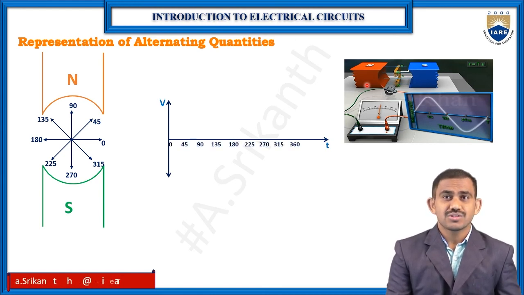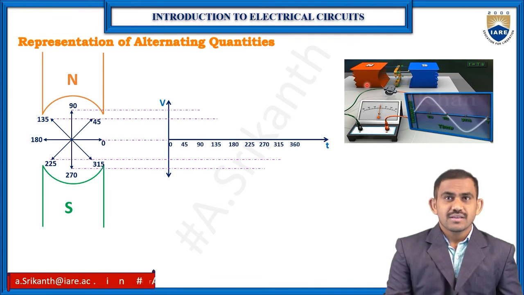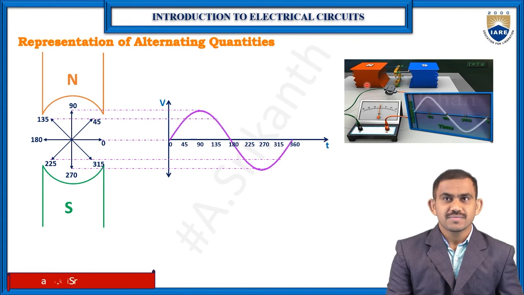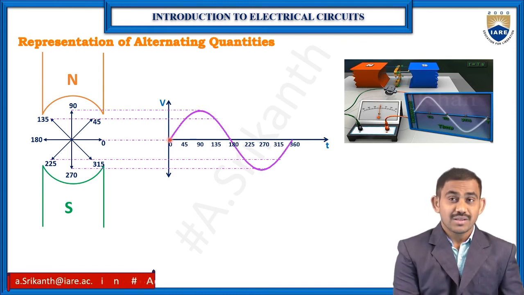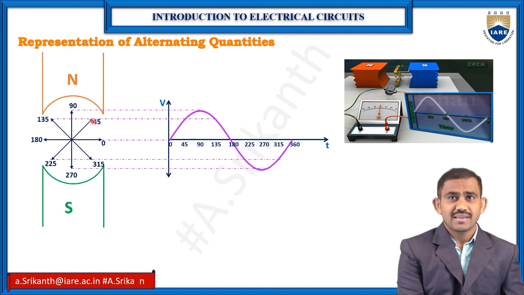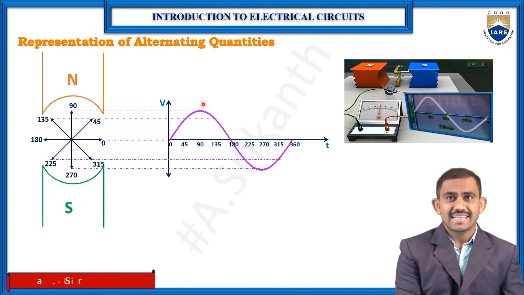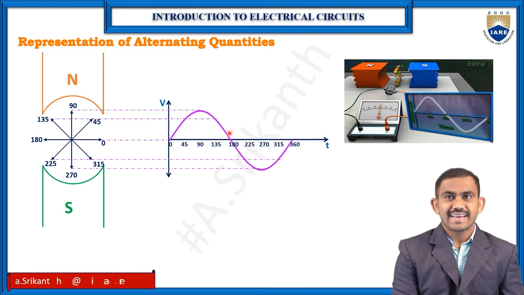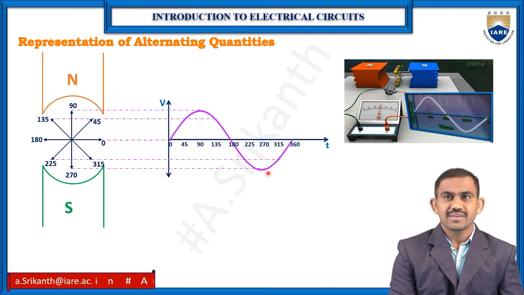Just observe, 0 to 360, we have different values. Now observe, this is your waveform. At 0 the value is 0. At 45 we have some value, at 90 we have the maximum peak, at 180 again 0, at 270 again maximum peak, and at 360 it's 0.